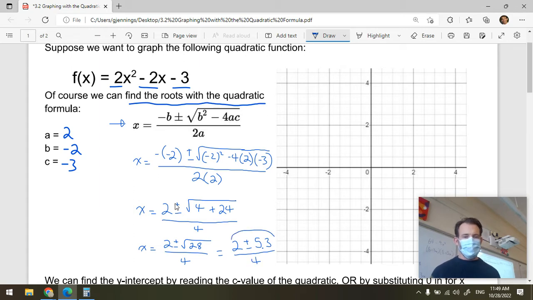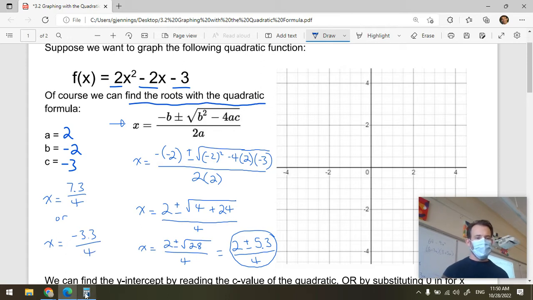And then this gives us the two values that x can be. So if we have 2 plus 5.3 over 4, let's write it out over here. X is equal to 7.3 over 4, or x is equal to 2 minus 5.3, that's negative 3.3 over 4.